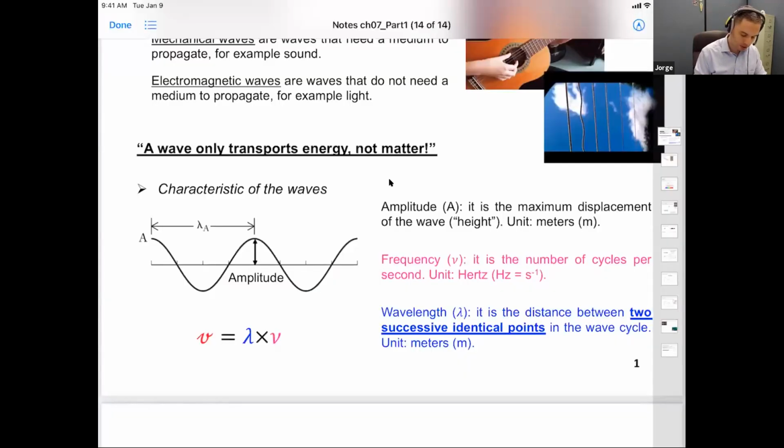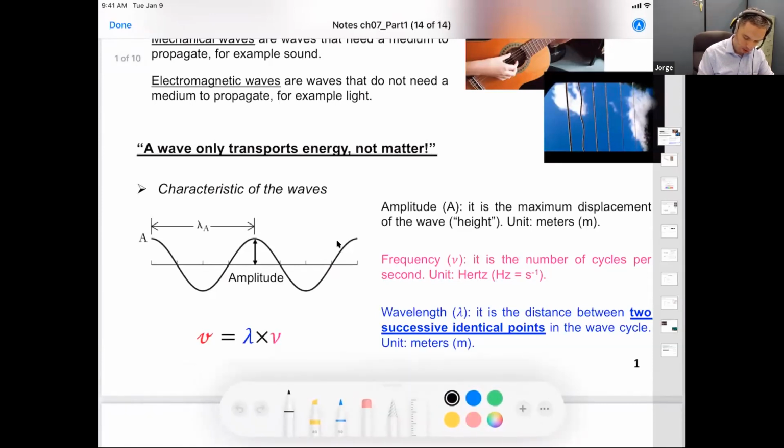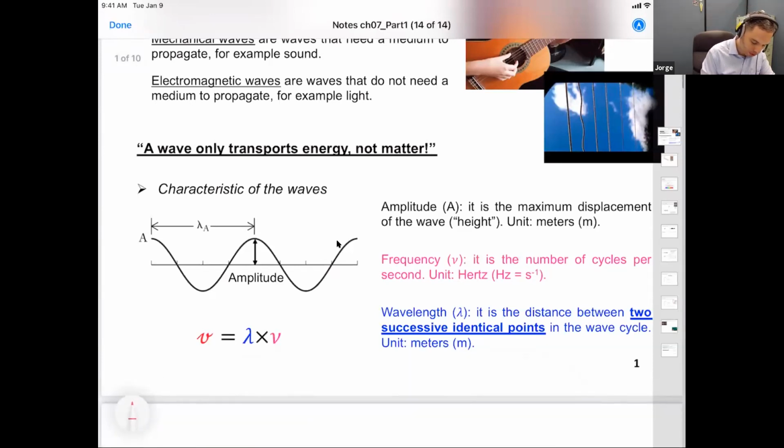All right, so this is the important correlation that I need you to know. For any wave, mechanical or electromagnetic, we have to follow this relationship.